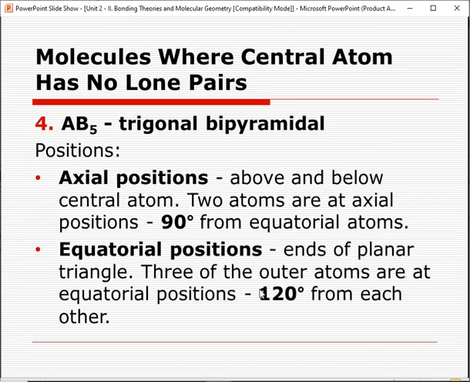So for the positions, the axial positions are above and below the central atom. Two atoms are at axial positions, 90 degrees from the equatorial atoms. For equatorial positions, the ends of the planar triangle, three of the outer atoms are at equatorial positions, which are 120 degrees from each other.